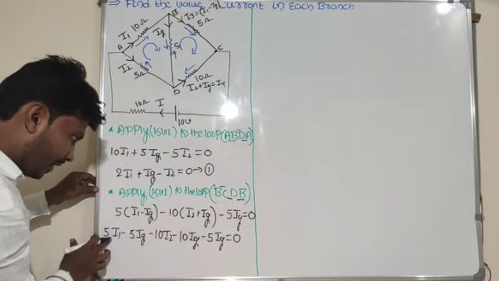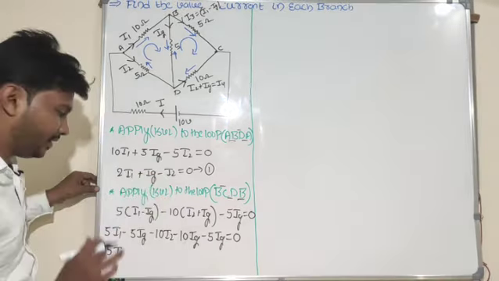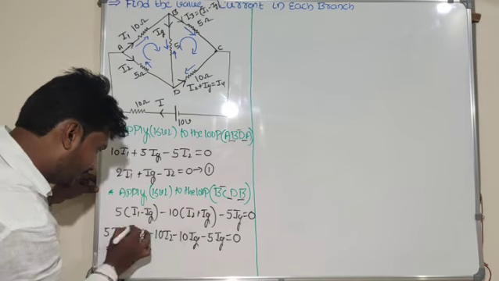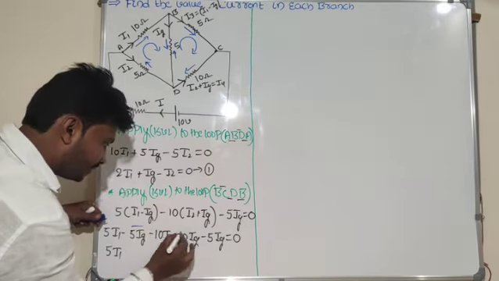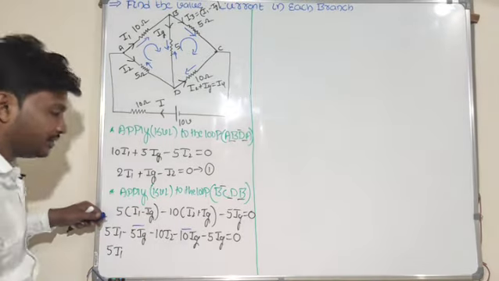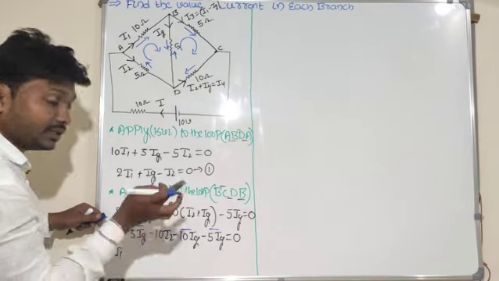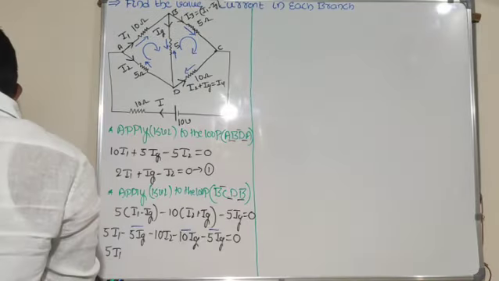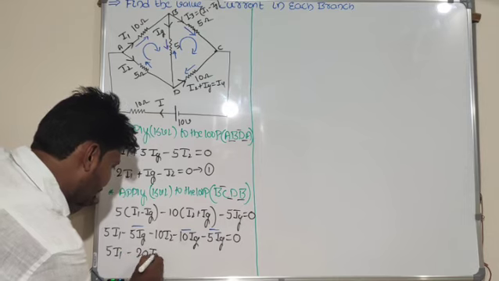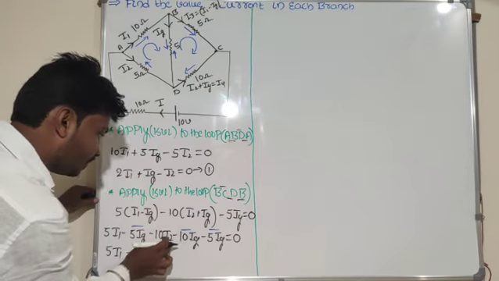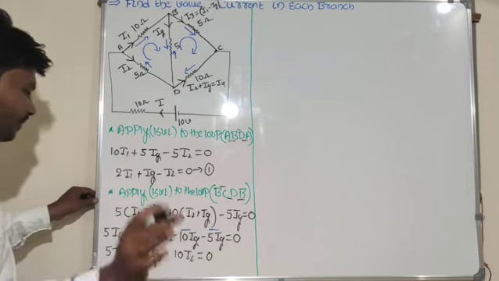Now 5I1, only one term is there, so I will take this as 5I1, minus 5Ig minus 10Ig minus 5Ig, so minus 5 minus 5 minus 10. So this is minus 20 Ig. Minus 10 I2, it is equal to 0.